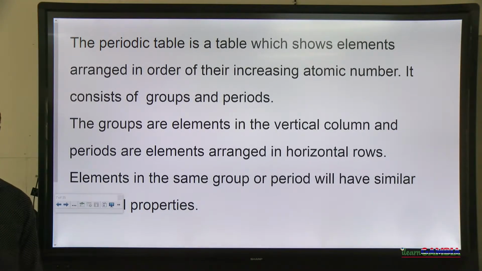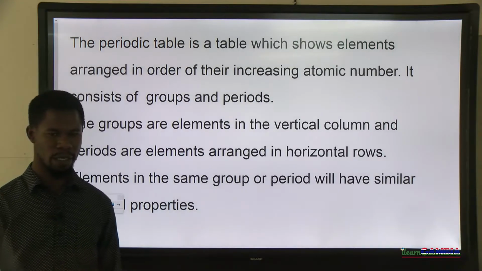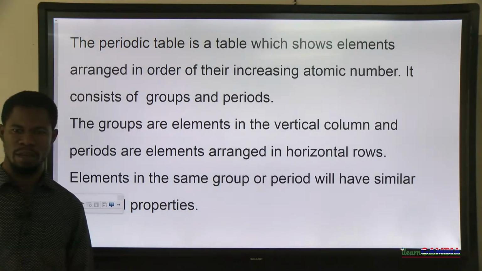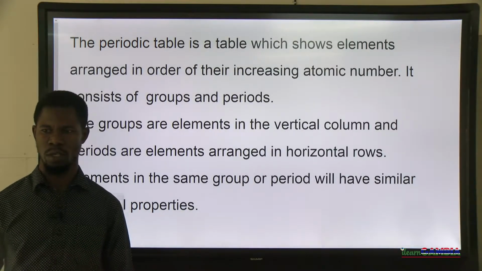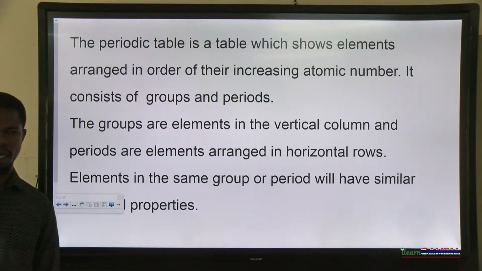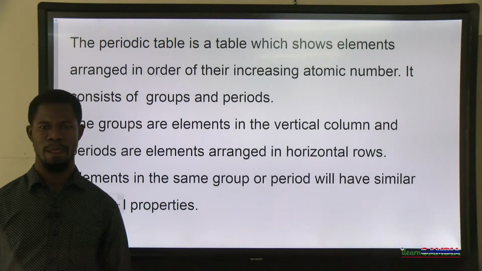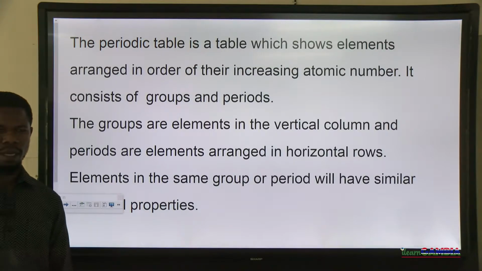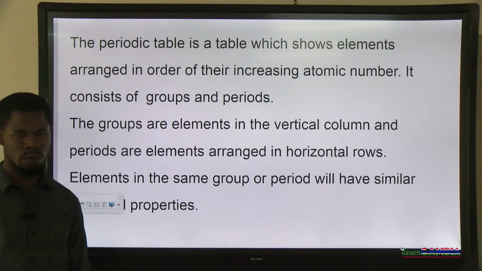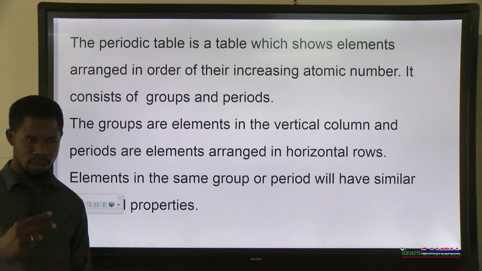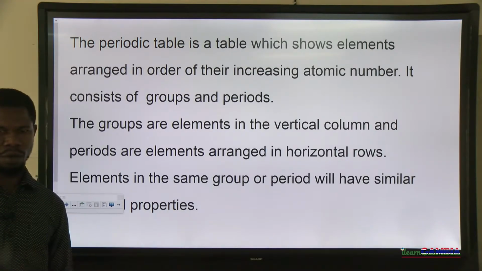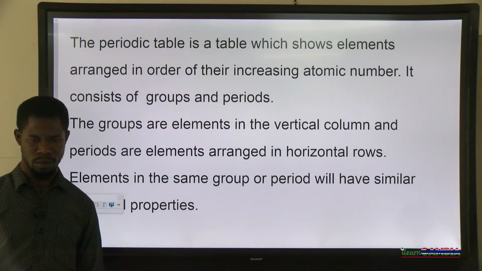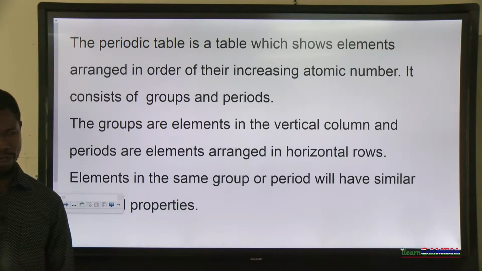He could not give a genuine explanation for that, because in those two elements you have argon, element number 18, which has a mass of 40, and potassium, element number 19, which has a mass of 39. And his periodic law states that all the elements in the periodic table are arranged according to increasing atomic mass. But in these two elements, the law is not binding. So he could not give a genuine explanation for that.